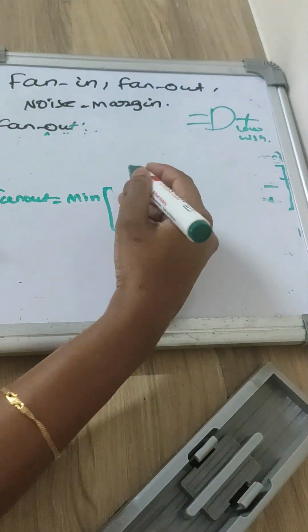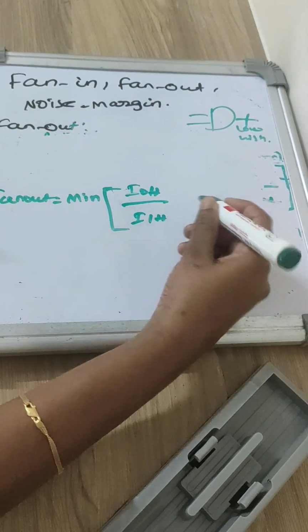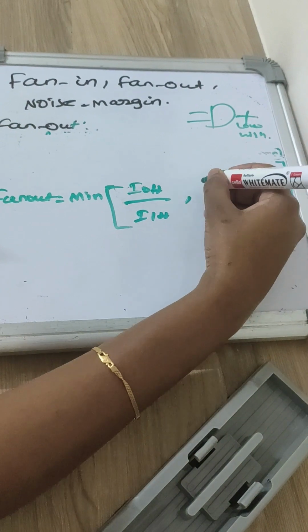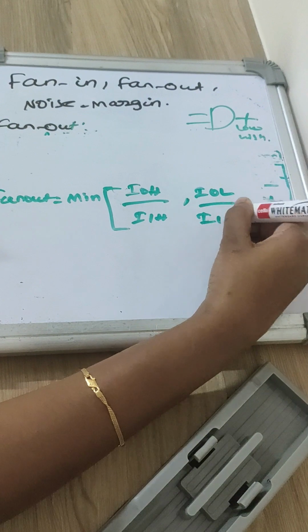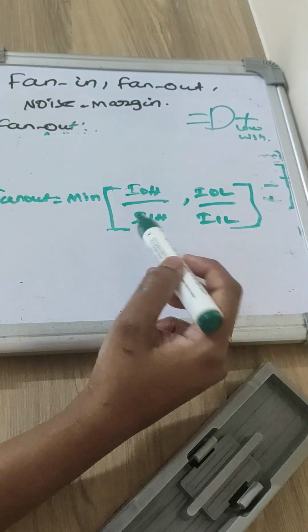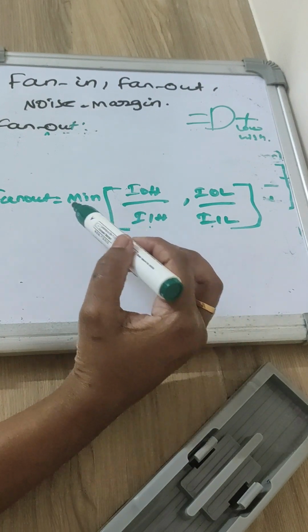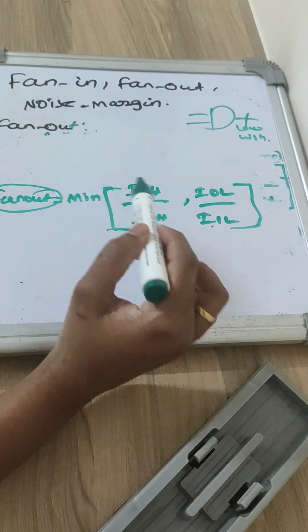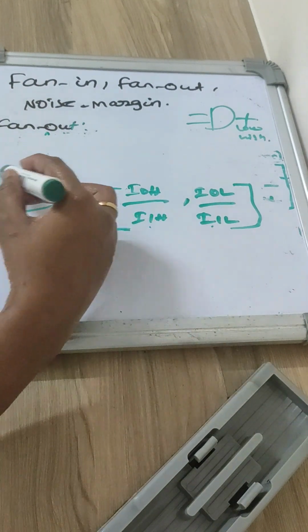It should be the minimum of IOH divided by IIH, comma, IOL by IIL. Since we have to ensure both values, high as well as low, and make sure it works fine in both conditions, we have to choose the minimum value. So this is about the fan out.